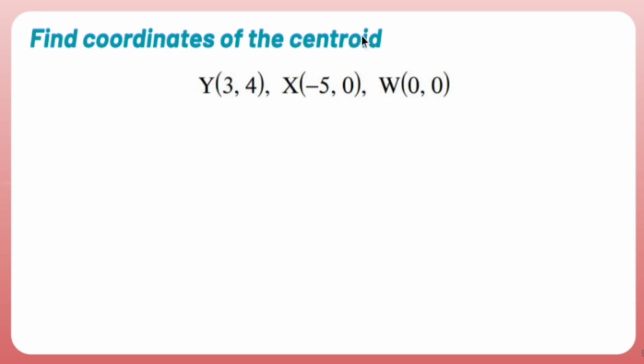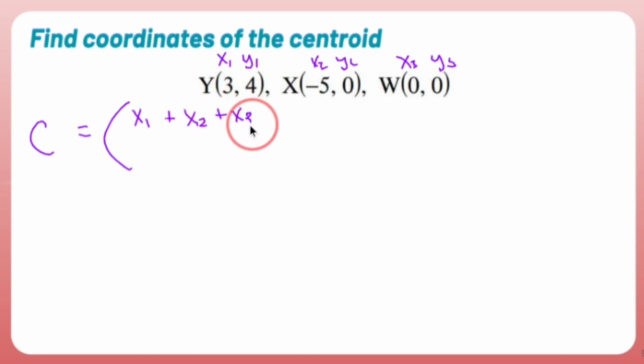Find the coordinates of the centroid. The centroid is basically found by taking a bunch of midpoints and connecting them to their opposite angles. There's no picture, and you might be thinking, what the heck does that mean? Don't worry about it. What you do is take the three x values. If I label these x sub 1, y sub 1, x sub 2, y sub 2, and x sub 3, y sub 3, you find the centroid by adding all of the x values, x sub 1, x sub 2, x sub 3, and dividing by 3.